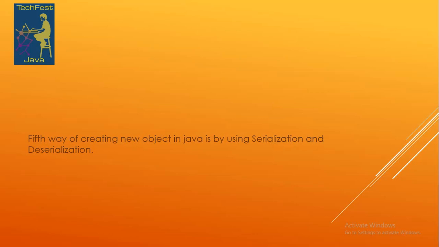We can see examples when we learn serialization and deserialization using Java examples in a broader way. So that is the fifth way of creating an object in Java.